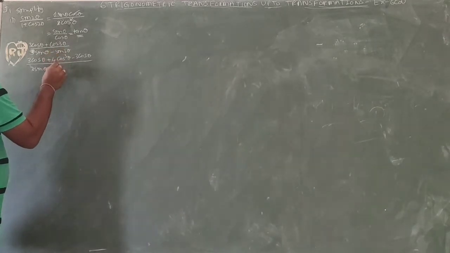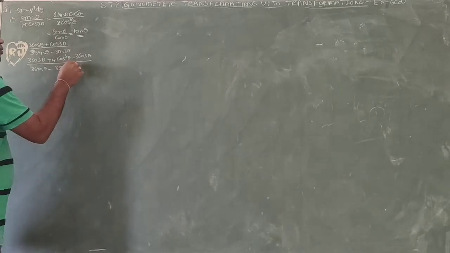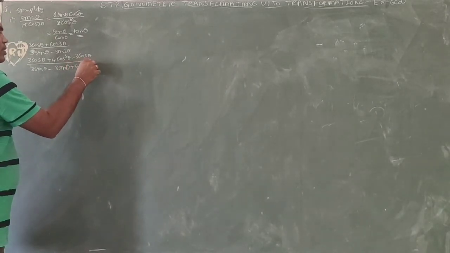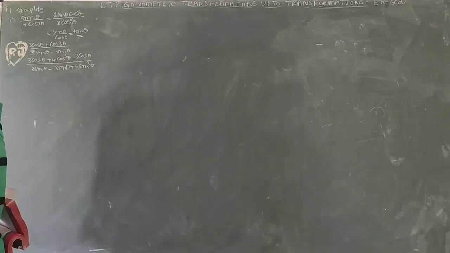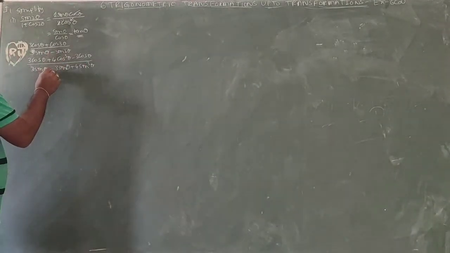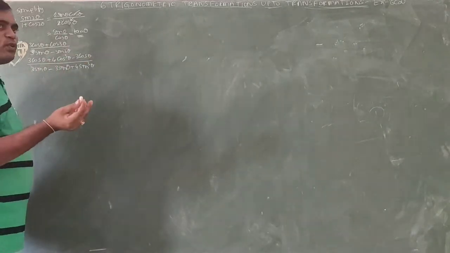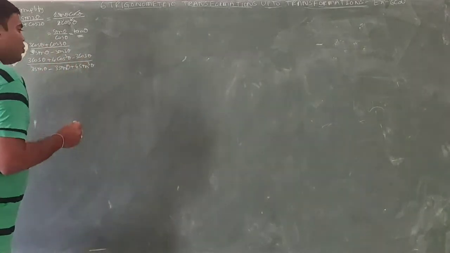So minus of 3 sin theta minus 4 sin cube theta. Before it is minus, so the signs will be changed. Plus 3 sin theta will become minus 3 sin theta, minus 4 sin cube theta will become plus 4 sin cube theta.